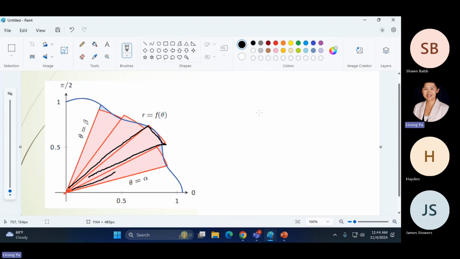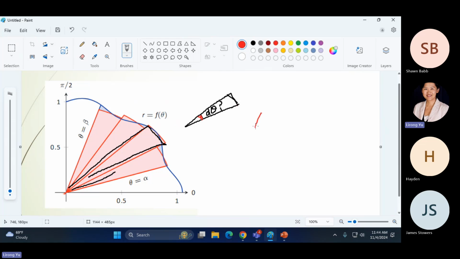So basically, when the angle is really, really small, like this, how large is this little piece? If the angle is small, let's call that d theta. So your central angle is a really small angle, and that's why the whole thing looks like a really thin slice of a triangle.